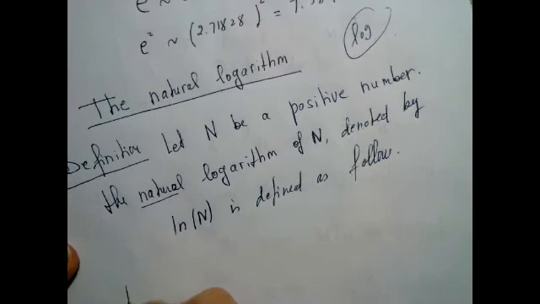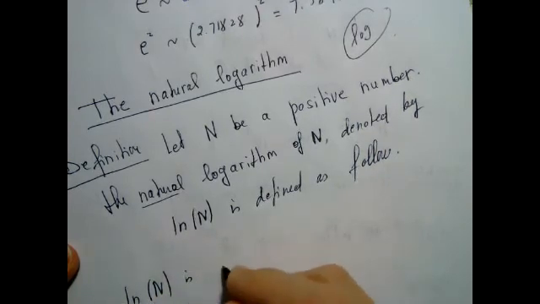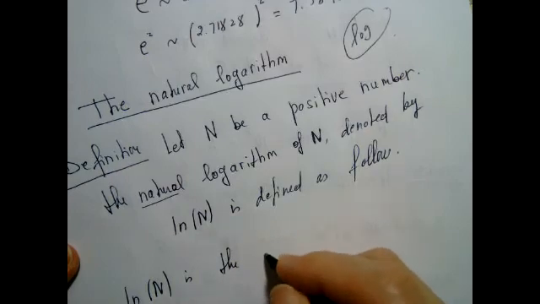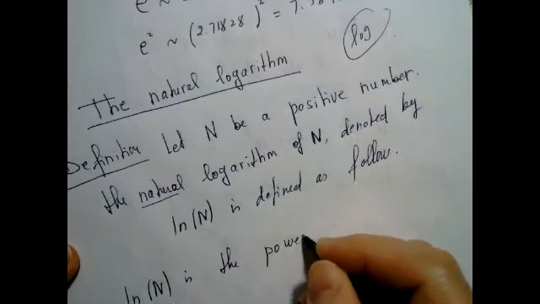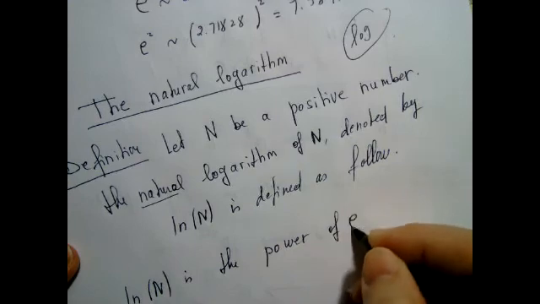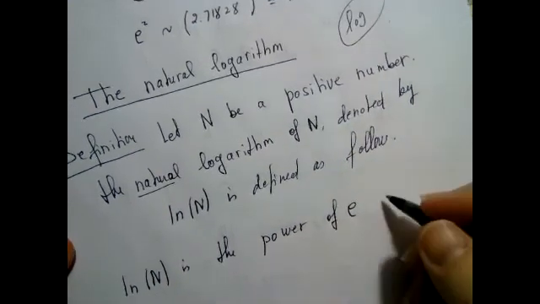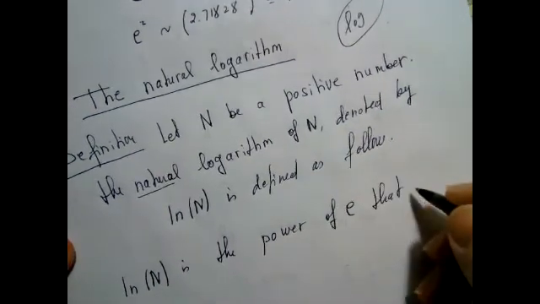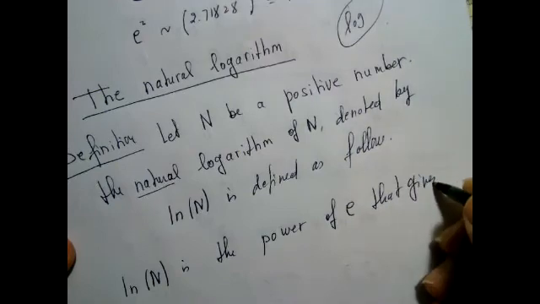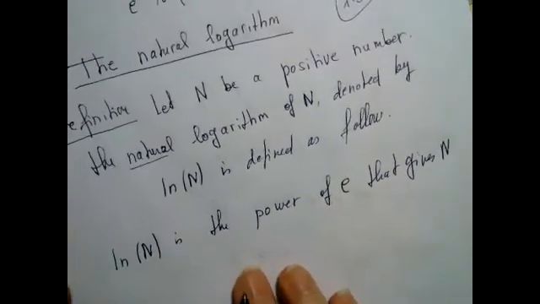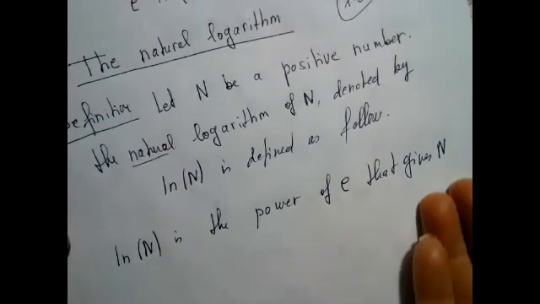So ln of n is defined to be the power of e that gives n back. So instead of being the power of 10, it is the power of e.